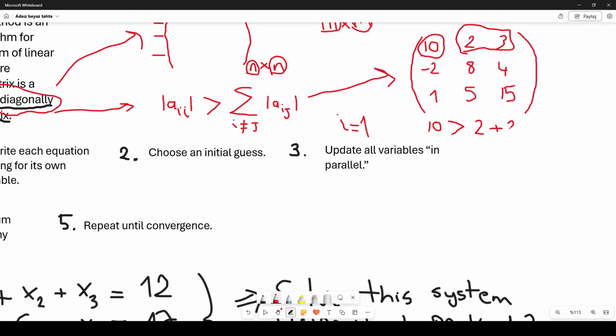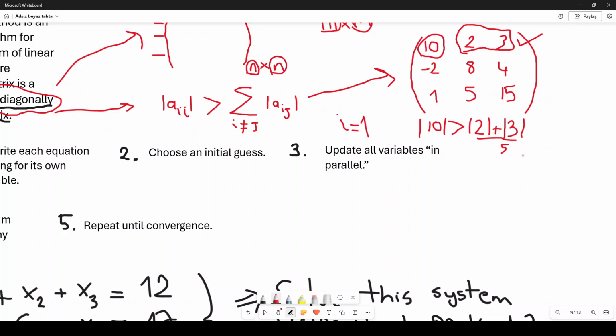I also take the absolute values, but since there is no negative value in the first row, I don't need to do that. But don't forget the absolute value here; it is the sum of absolute values. So this is equal to 5, and 10 is greater than 5, so the first row satisfies the condition to be a strictly diagonally dominant matrix.